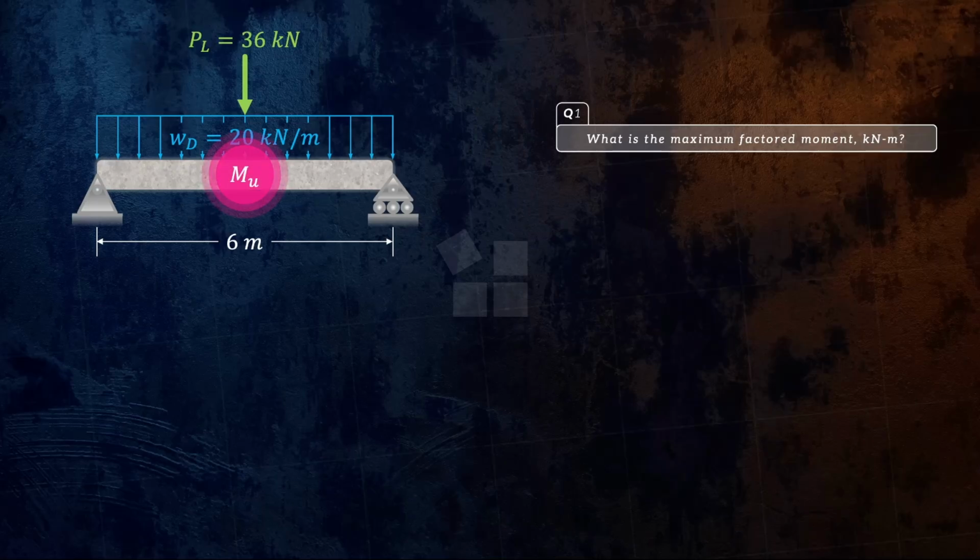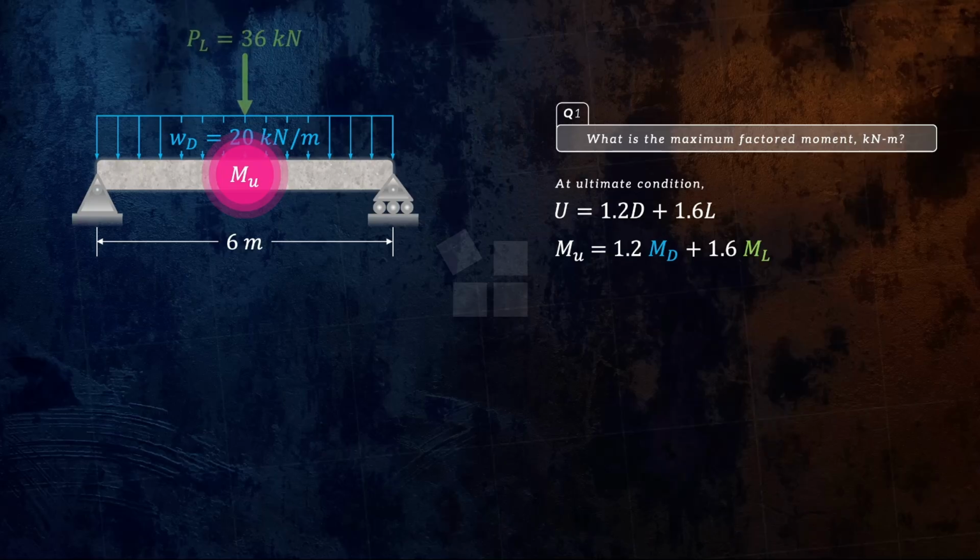Take note, we are finding the maximum factored moment. Therefore, we should consider the ultimate condition, for which we are given this load combination. Using this load combination, the maximum factored moment Mu equals 1.2 of the dead load, which would be the maximum moment due to our dead load, plus 1.6 of the live load, which would be the maximum moment due to our live load.